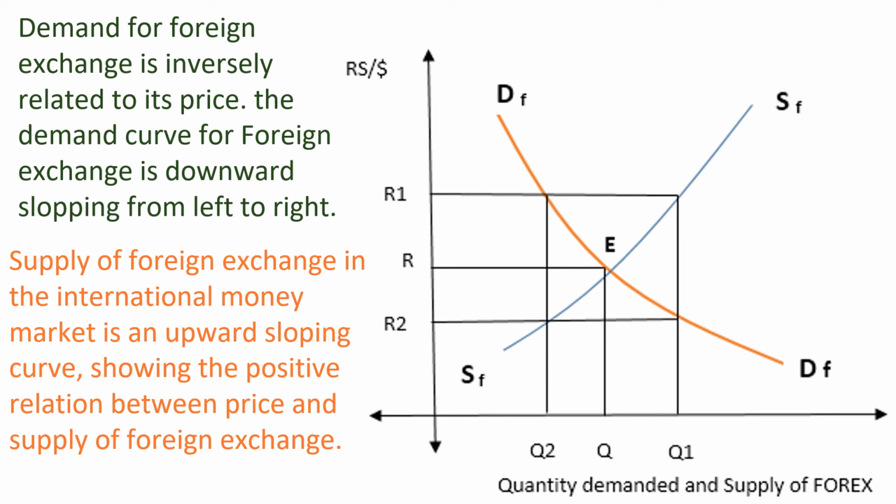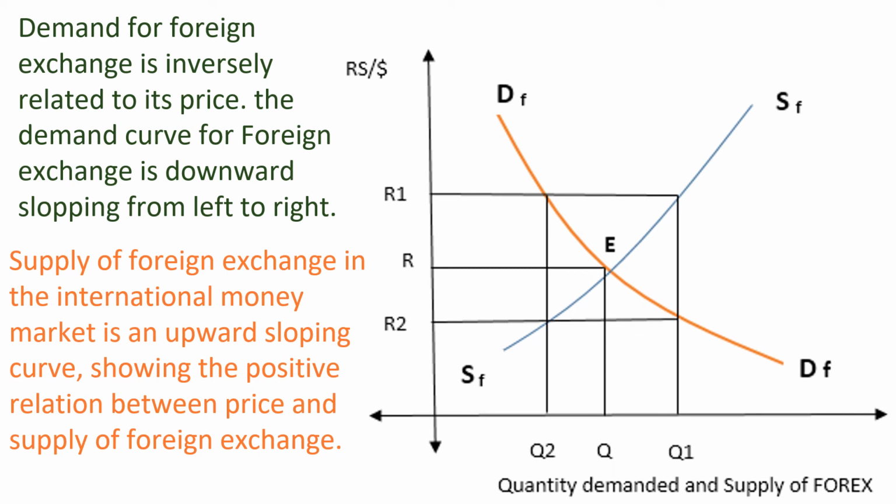Secondly, the supply of foreign exchange in the international money market is an upward sloping curve showing the positive relation between price and supply of foreign exchange. So just like we learned in microeconomics, there is an inverse relationship between price and quantity demanded and a positive relationship between price and quantity supplied. So it is with the case of foreign currencies, the quantity demanded and supplied of foreign currencies against the price of the currency. So the price of the currency would be the exchange rate, in other words.